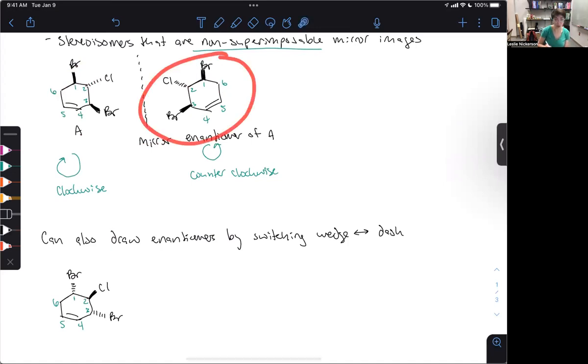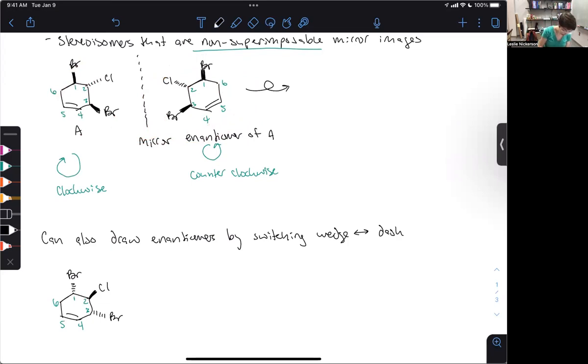If I'm trying to superimpose what I think is the enantiomer of A onto A, then I usually do a pancake flip. We're going to pick it up and then flip it over. Essentially, if we're thinking about my thumb, when it gets flipped, it's now on the other side.